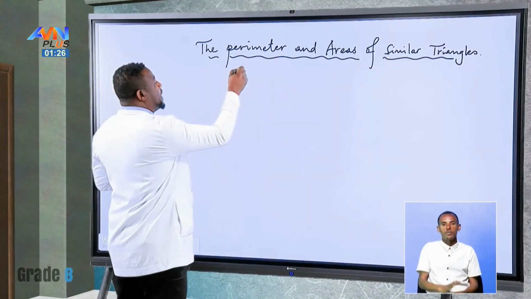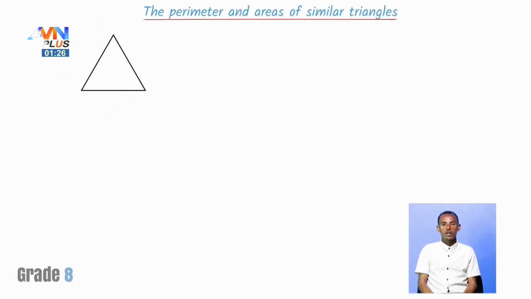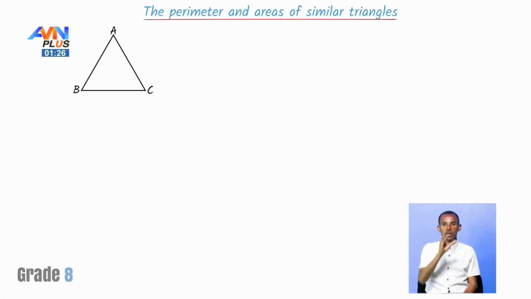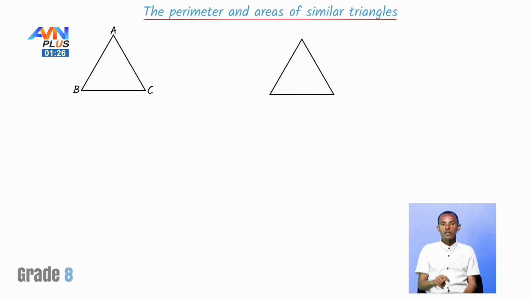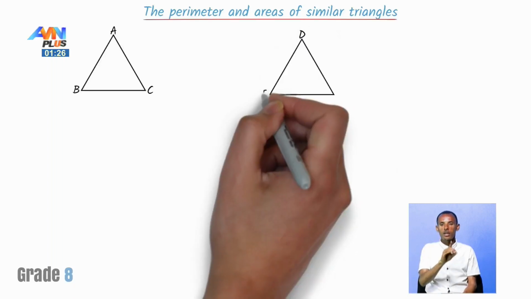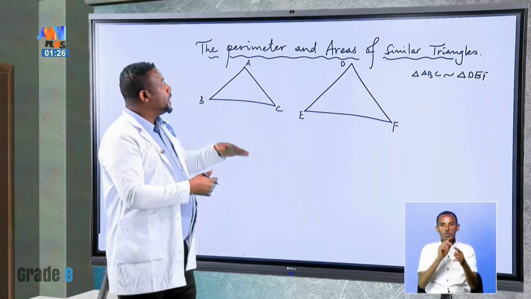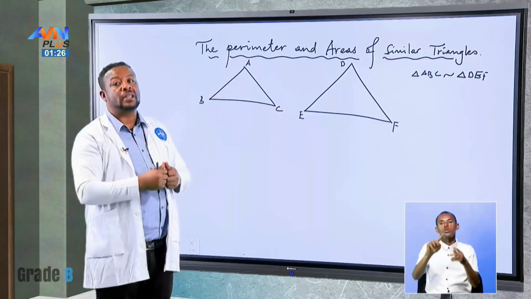So consider this triangle ABC and triangle DEF, and assume triangle ABC is similar to triangle DEF, because we are going to talk about the relationship between perimeters and areas of two triangles that are similar.